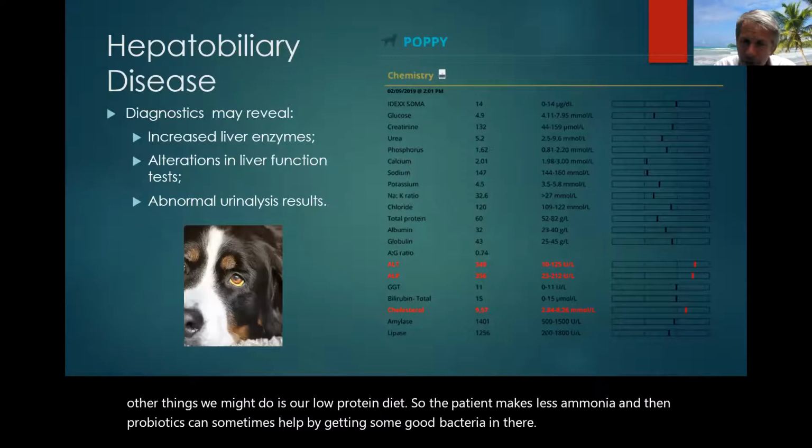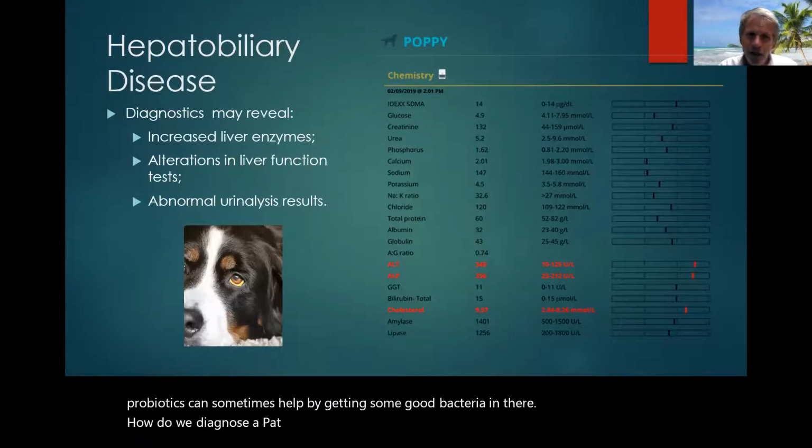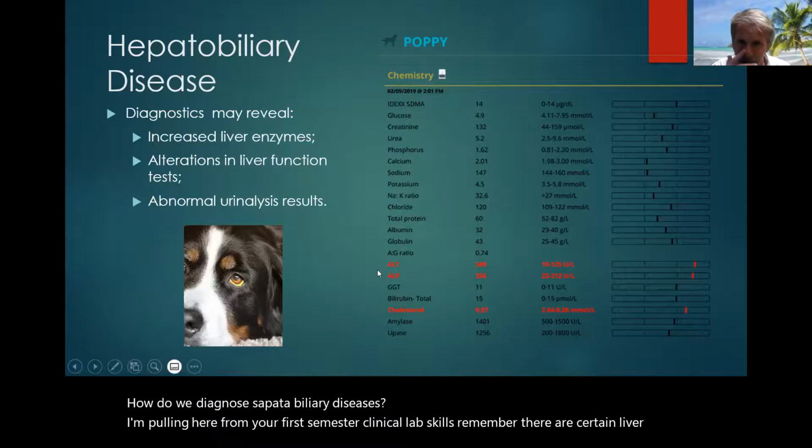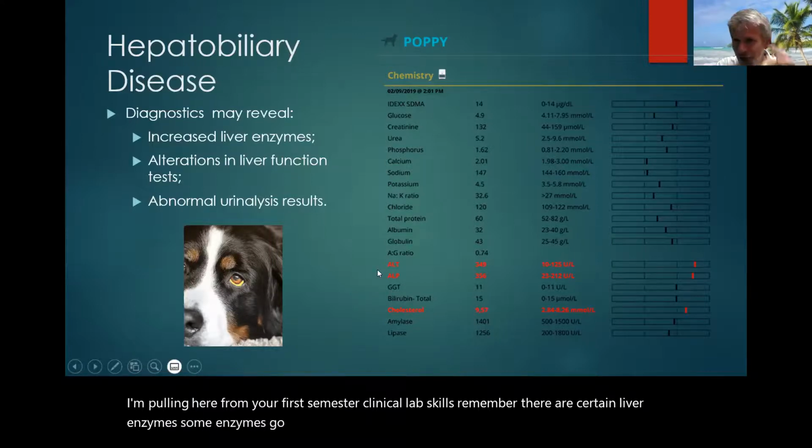How do we diagnose hepatobiliary diseases? I'm pulling here from your first semester clinical lab skills. You remember there are certain liver enzymes. Some enzymes go up when there's damage to hepatocytes.